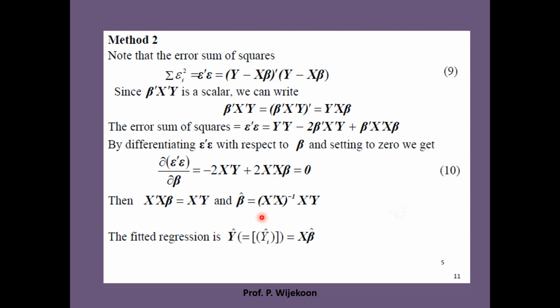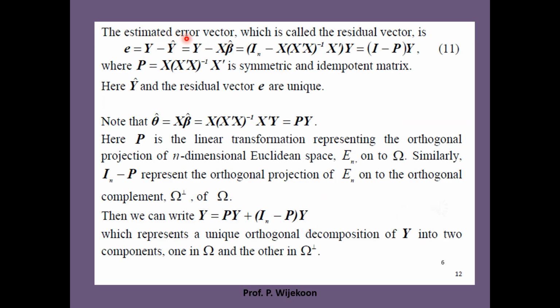Now, by substituting beta hat, we can find the fitted regression y hat, which is equal to X beta hat. The estimated error vector e is called the residual vector and is equal to y minus y hat, which is equal to y minus X beta hat. By substituting beta hat, we obtain this expression.